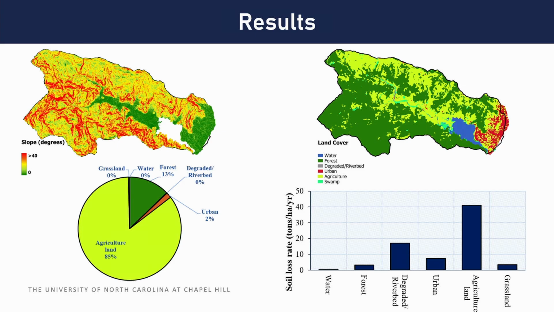Also, the result revealed that the soil erosion was more severe on the northern slope of the watershed, where there is extensive agricultural land cover and steeper slopes, whereas on the southern slopes there is a high percentage of forest cover and the erosion rate was less.